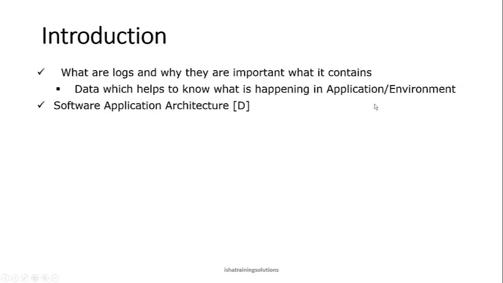Till now it is clear, right? Now this is software application architecture. Let us assume 10 years back, we used to have a standalone application where your web server, app server, and DB server were all deployed in one machine. In that machine the time taken for analysis is very minimal because all the logs are present in the same machine.